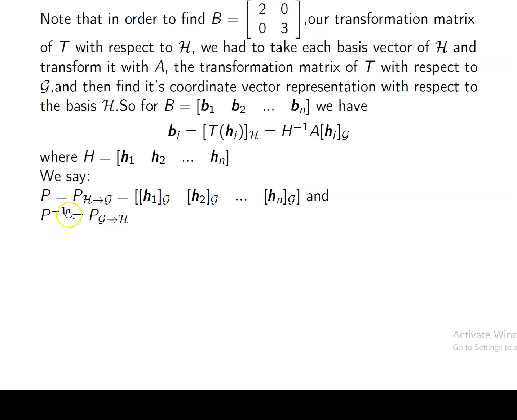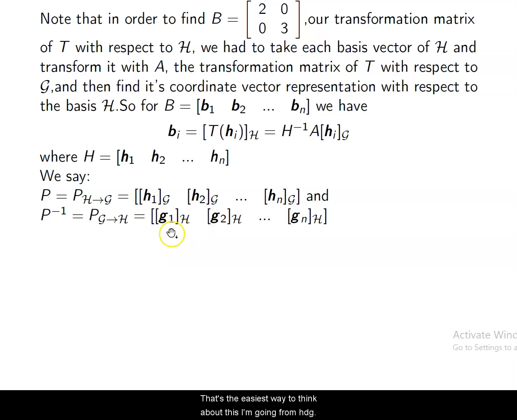And the inverse of that, from G to H, is just the inverse of this matrix, which we saw in 9.3, or you can think of it the other way as basically doing the same thing. We take the basis vectors from G and we represent them in H. That's the easiest way to think about this.